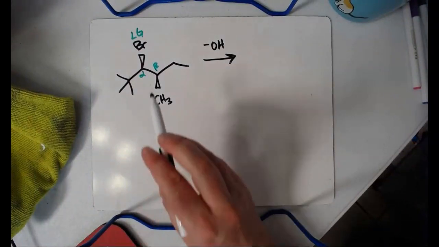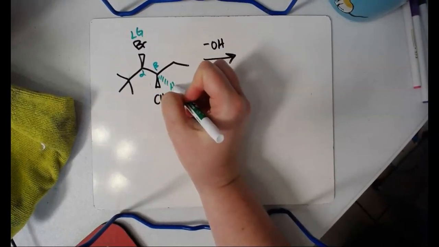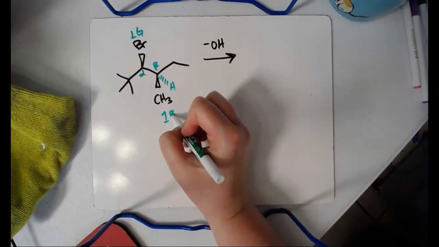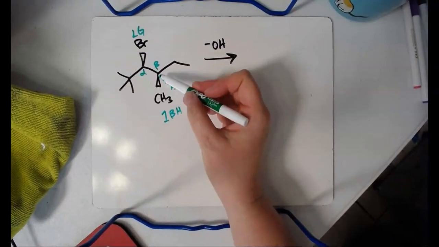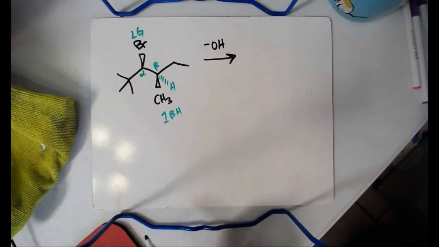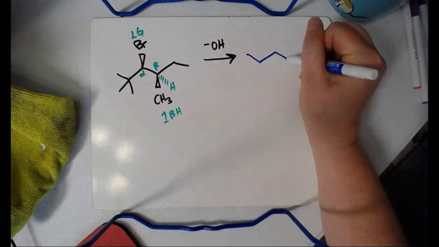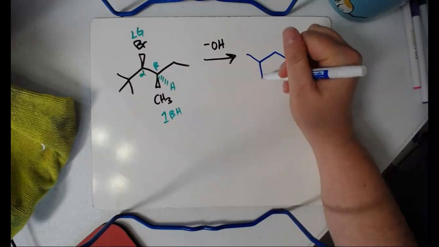The beta carbon on the right has one beta hydrogen. Now it's located on a dashed line. Our leaving group is located on a wedged line. So they are already opposites from each other, which means we do not have to do anything to the chain. We can leave it as is.